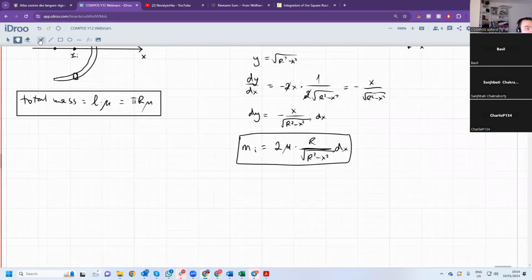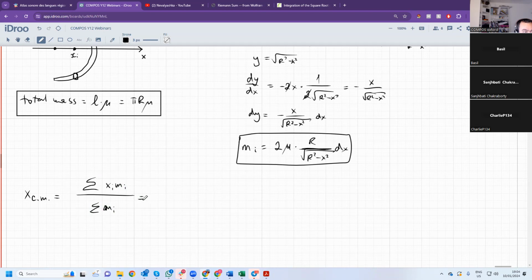And now we need to find the center of mass. X center of mass is the sum of xi mi divided by the sum of mi. So the sum of xi multiplied by 2 mu. Well, it's the limit as delta x tends to 0, so we can go straight to the integration.